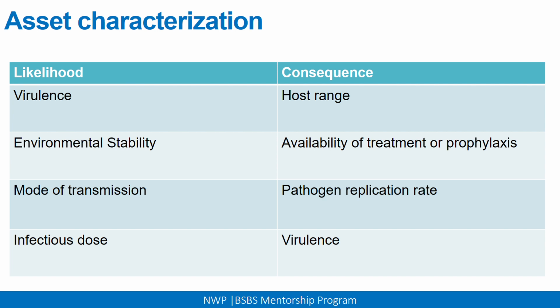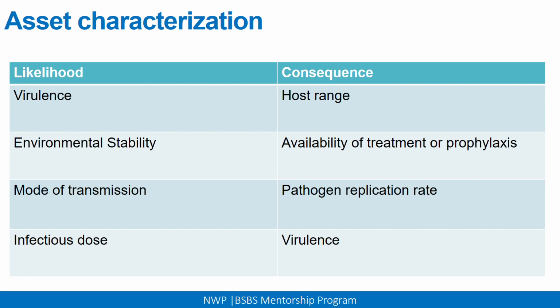So let's look at the likelihood pattern, the chances. What is increasing the chance of someone coming to get that biological agent? So we'll look at the virulence. Under virulence, we're simply saying how infectious is this particular type of agent, and how quickly do you get an infection, or how quickly do you get sick after you get exposed to this particular agent.